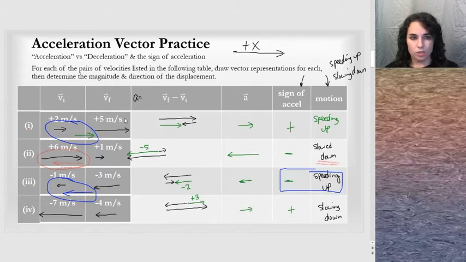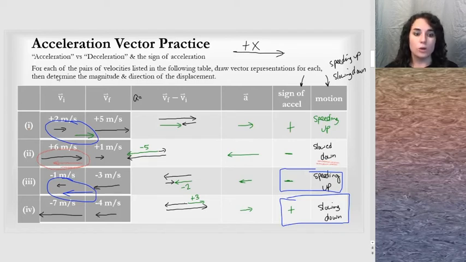Again, this is maybe different than what you expect: I get a positive acceleration vector because it's pointing in the positive direction in my coordinate system, but it corresponds to slowing down. So that's what you watch out for: is this object increasing in magnitude of its velocity vector or decreasing in magnitude of the velocity vector?